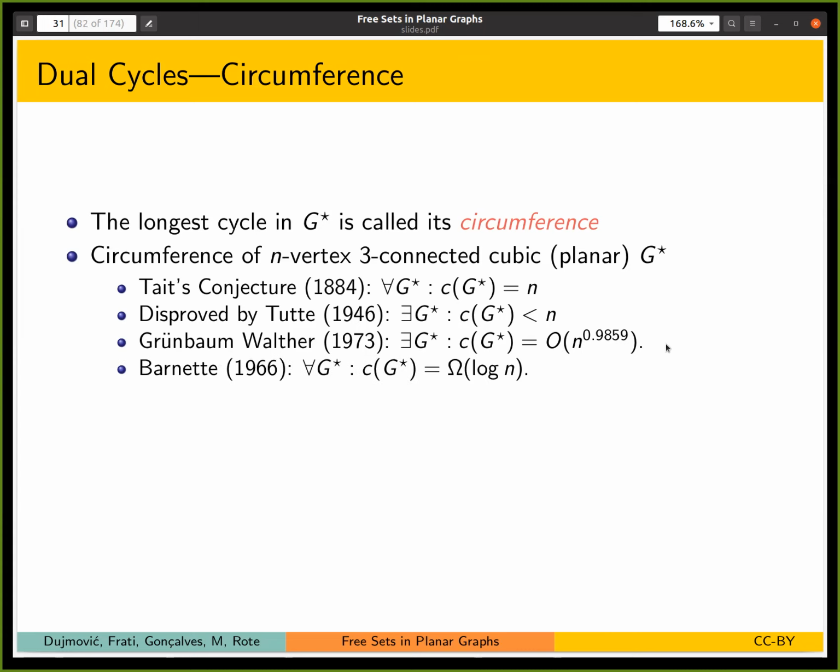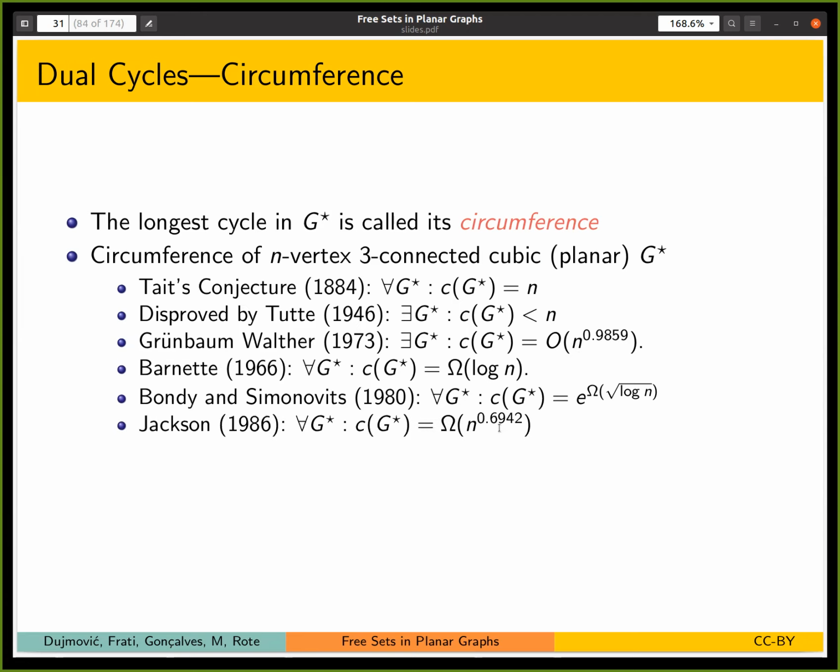In terms of upper bounds, those have been growing. In 1966, Barnette showed that any one of these three-connected cubic graphs has a cycle of length at least log n. Bondy and Simonovits showed that you can do better than polylog, but not quite polynomial.